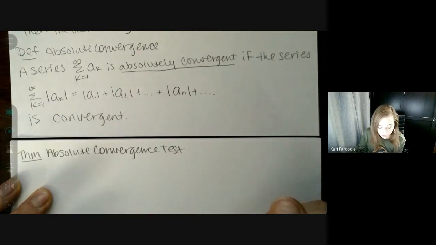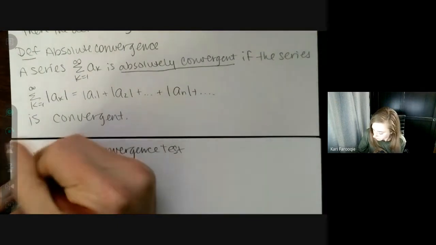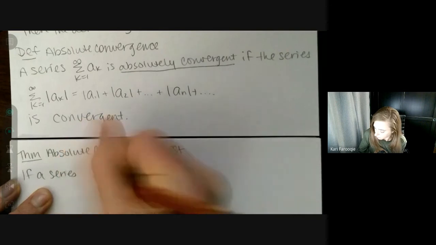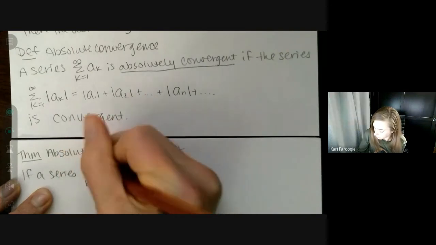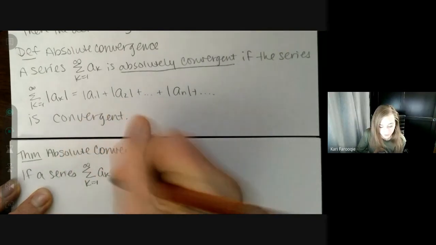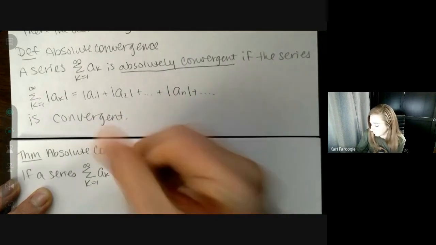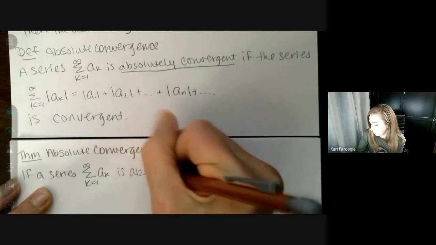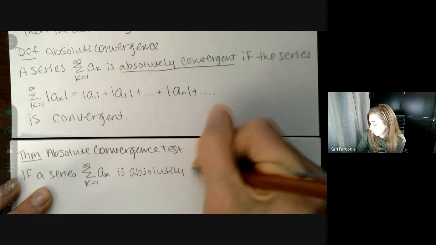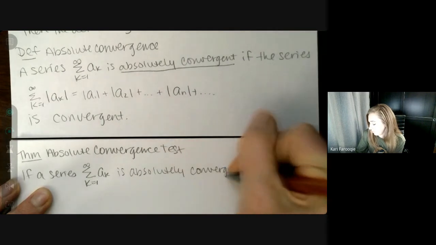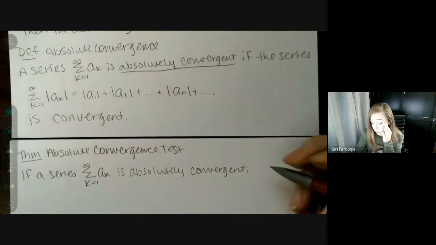If a series, a sub k, is absolutely convergent, then it is convergent.